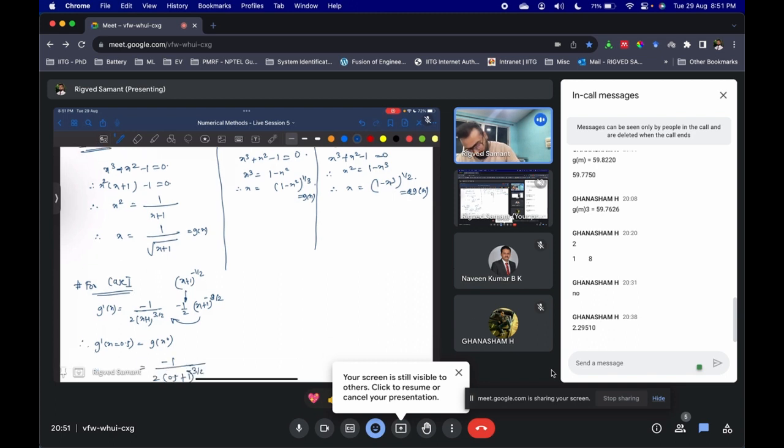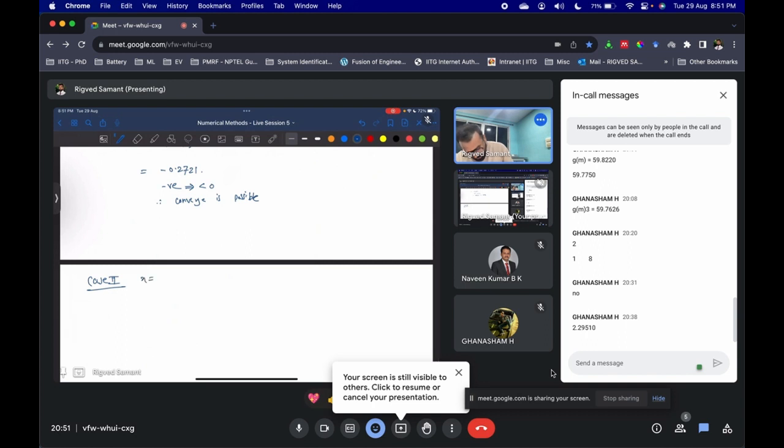1 minus x square raised to 1 by 3. So g of x is equal to (1 minus x square) raised to 1 by 3. Therefore g dash of x is equal to 1 by 3 (1 minus x square) raised to minus 2 by 3 into minus 2x, right?